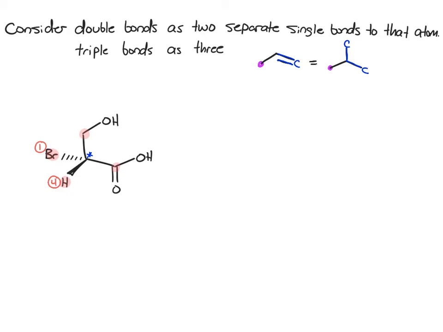What you want to do is think about what's attached. This carbon at the top, if it helps, you can draw in the hydrogens. Right? This carbon is attached to an oxygen, a hydrogen, and a hydrogen.